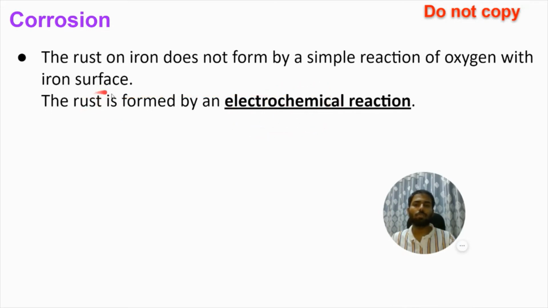Okay, तो rust कैसे फॉर्म होता है? इलेक्ट्रोकेमिकल रिएक्शन से फॉर्म होता है. केमिकल रिएक्शंस we know, right? What are chemical reactions? जिसमें either new bonds are being formed or bonds are being broken, तो उसको केमिकल रिएक्शन बोलते हैं. इलेक्ट्रोकेमिकल रिएक्शन मतलब उसमें इलेक्ट्रॉन्स भी एक्सचेंज होने वाले हैं. Okay, so इलेक्ट्रॉन्स भी एक्सचेंज होंगे और बॉन्ड्स भी ब्रेक होने वाले, बॉन्ड्स भी नए फॉर्म होने वाले. So this process is called corrosion. Okay, corrosion को rusting भी बोल सकते हैं. Both of the words have same meaning.